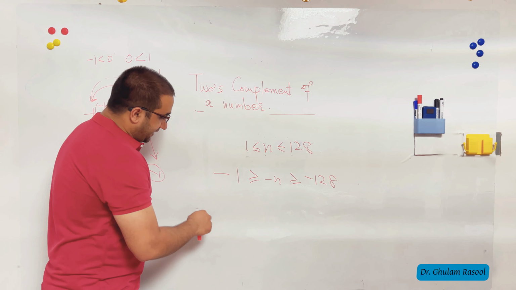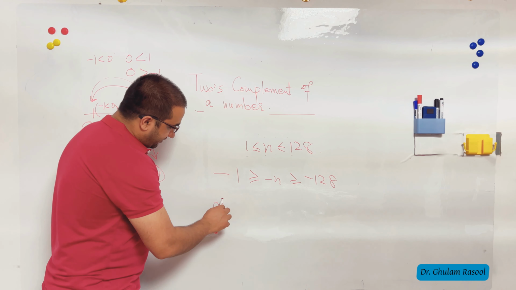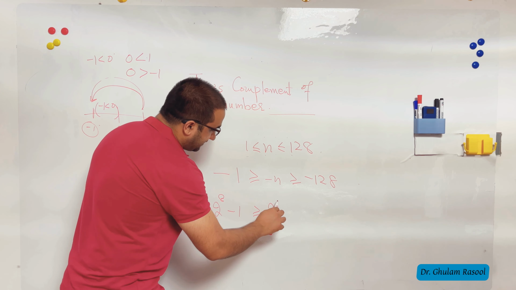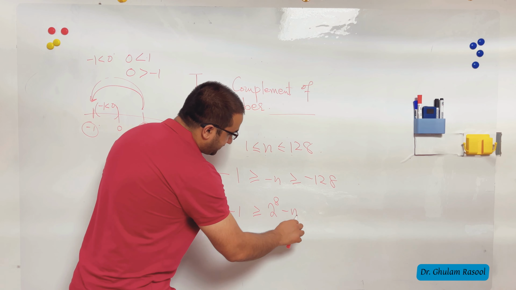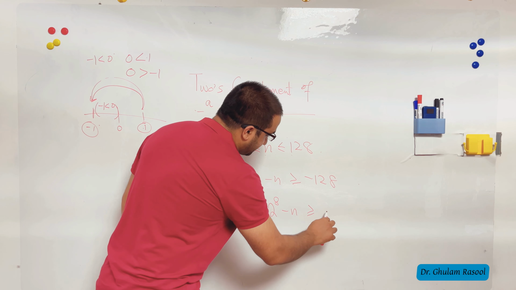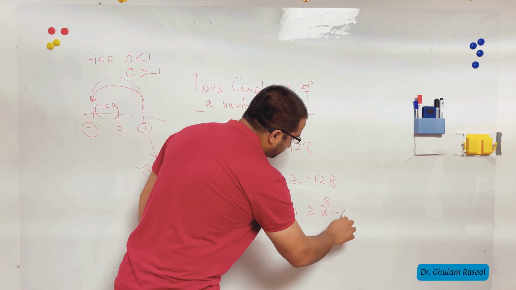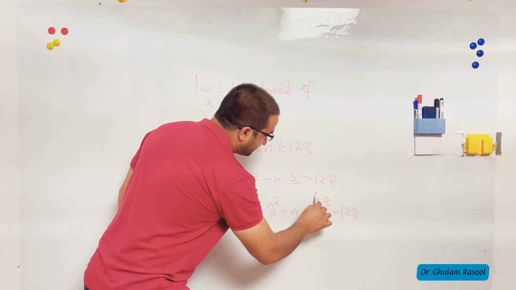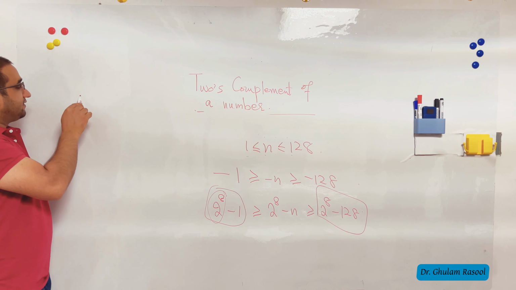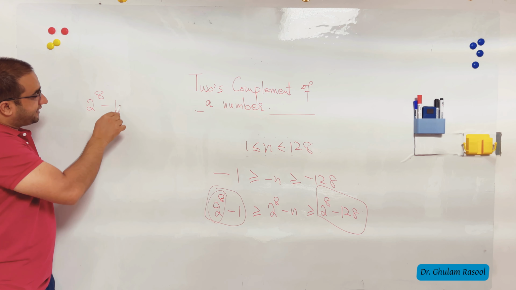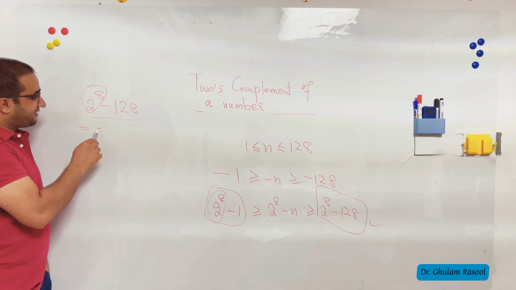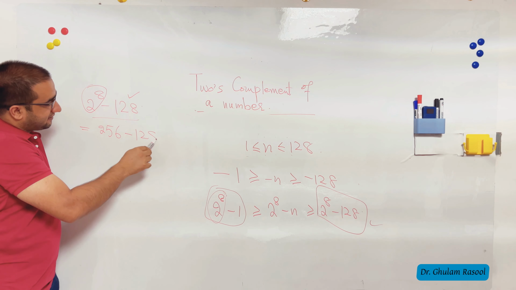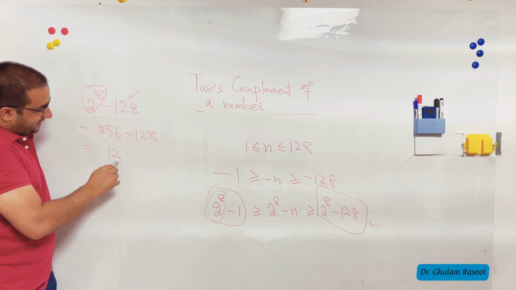Now let me add 2 raised to the power 8 on each side. You can add anything on both sides of an equation. Now look at this number: 2 raised to the power 8 minus 128. 2 raised to the power 8 is 256, and if you subtract 128, it is 128.